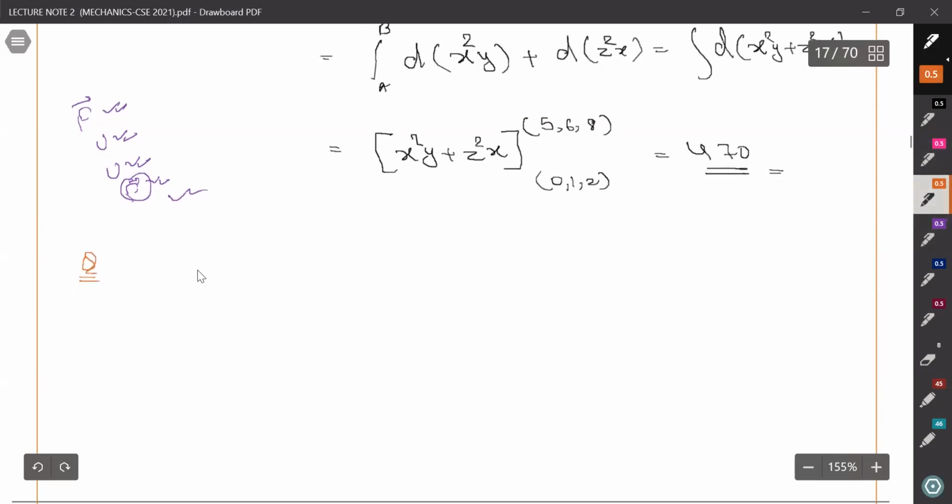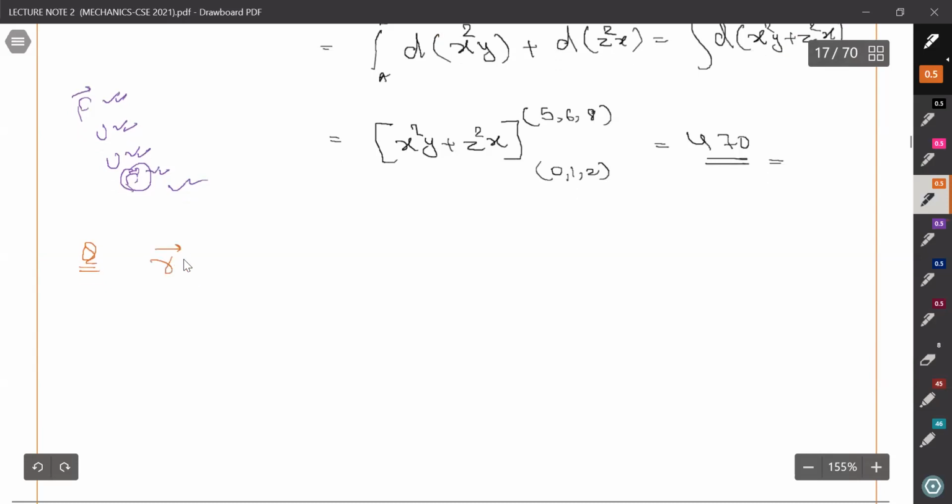Let me give you another question. Given r equals a cos theta i cap plus a sin theta j cap. This is the equation of a particle moving, given at any instant.